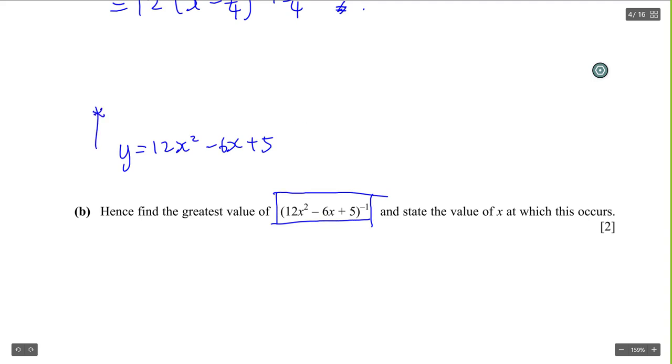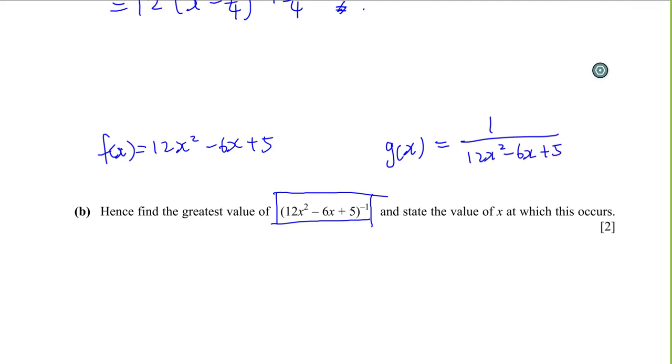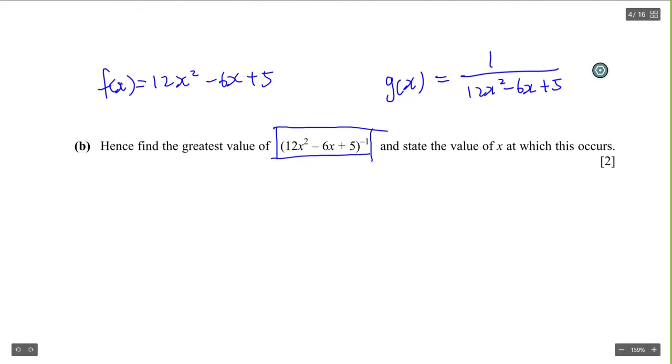This is part A. And part B, you have f(x), because I don't want the same y. So part B is right now another equation. Power negative 1 is what? You have another equation that looks like this: 12x squared minus 6x plus 5. Because this is what happened for power negative 1, isn't it? And it's just a 2 mark question here, so I try not to confuse you so much.